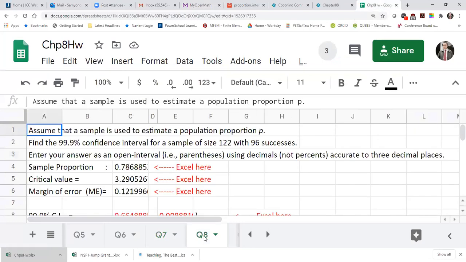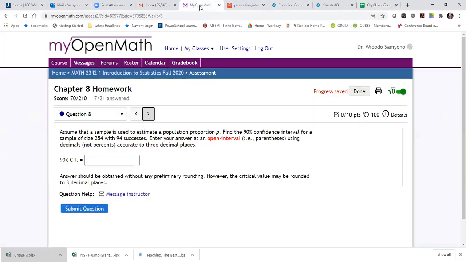For this one, first you need to find the sample proportion, right? In the Excel, the sample proportion is 96 divided by 22, and your problem will be 94 divided by 254, right?